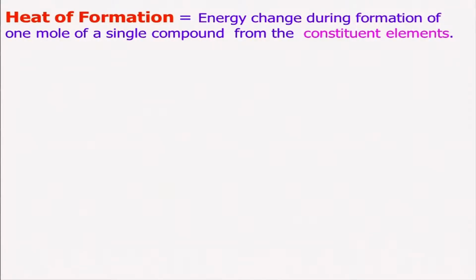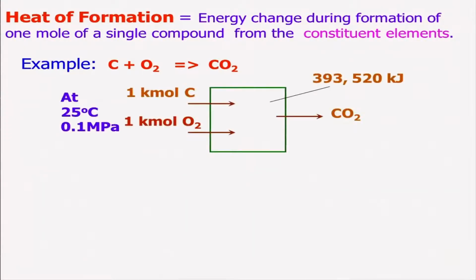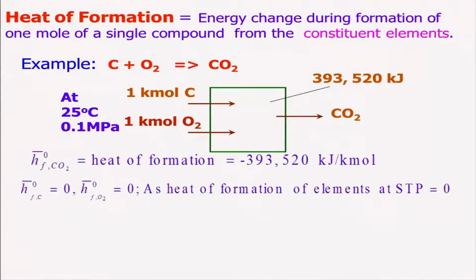Whenever it is being formed, some heat will be liberated or some heat has to be supplied. For example, if I take C reacting with oxygen giving carbon dioxide, a certain amount of heat is released, that is 393,520 kilojoules. That means the heat has to be released.